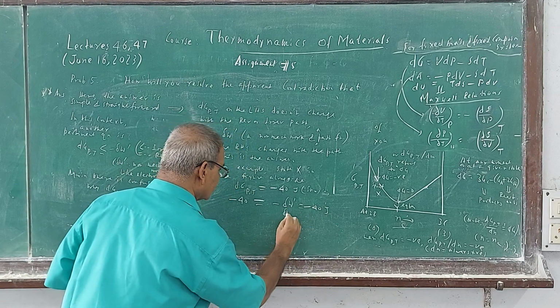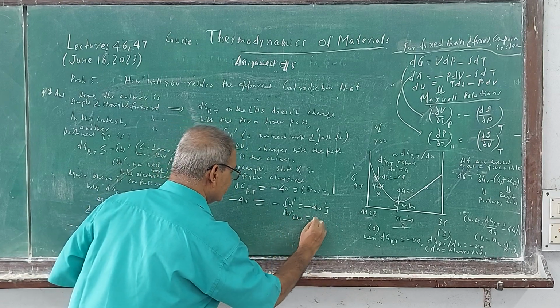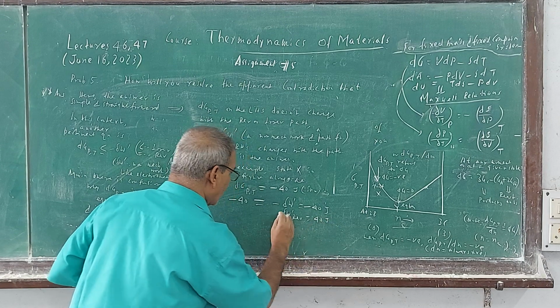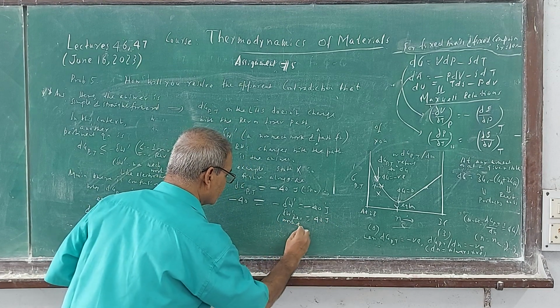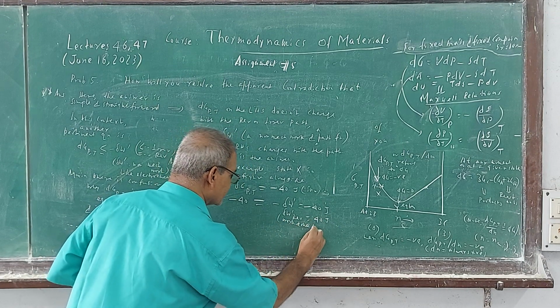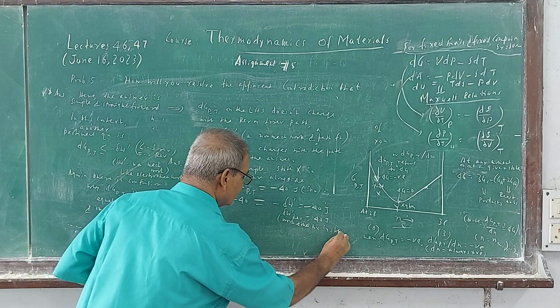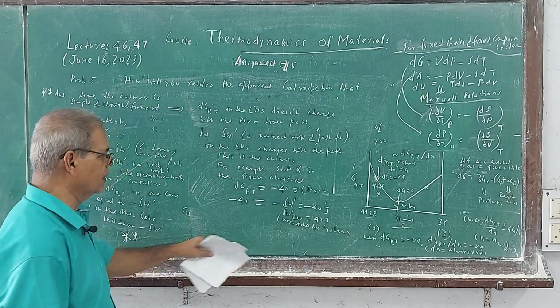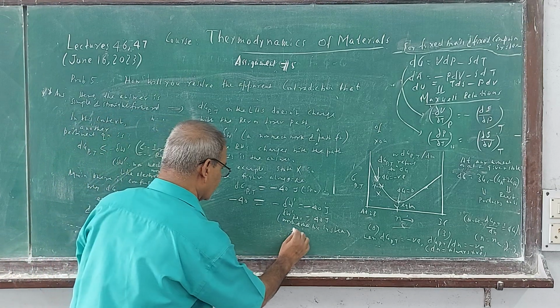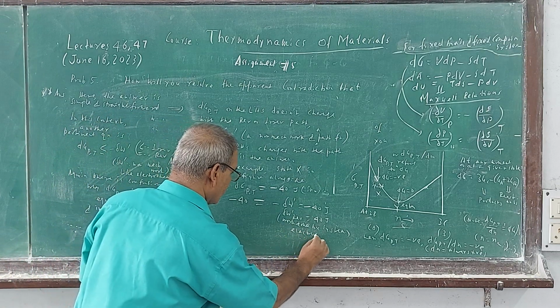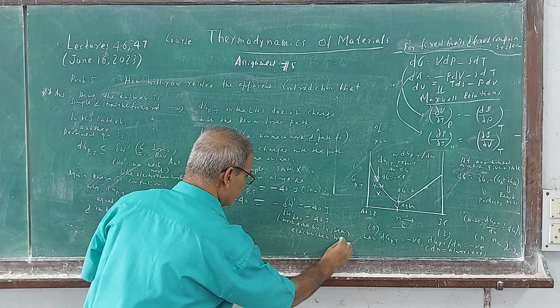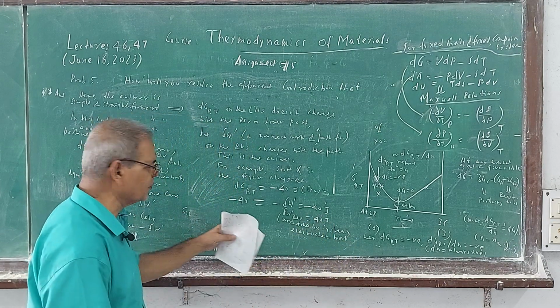So dW reversible is 40 joule, work done by the system. Plus means done by the system. Electrochemical work. Minus 40.